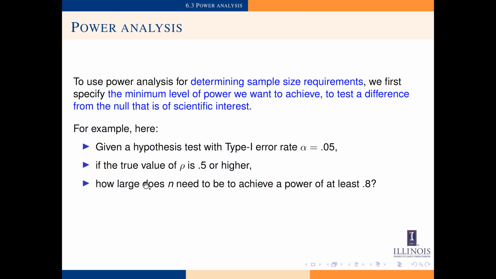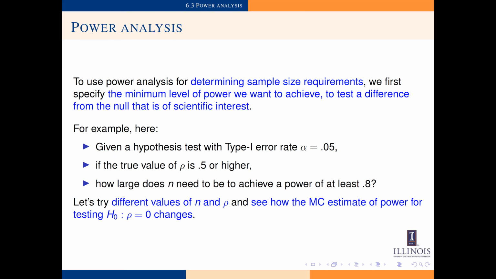In other words, if the true correlation between x and y is non-zero and it's something above 0.5, then what is the sample size we need so that the probability that we rejected the null is higher than or equal to 0.8?